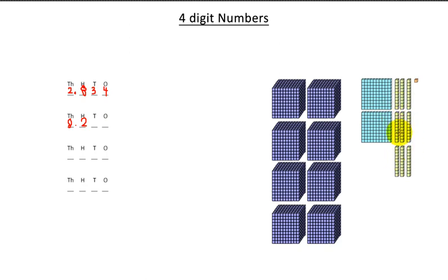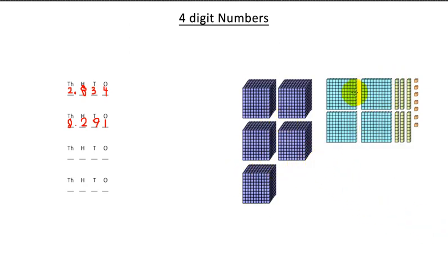The tens, here you can count them, they're 9. And the ones, I have just this one lone block. So how many blocks are these? 8,291. Great.